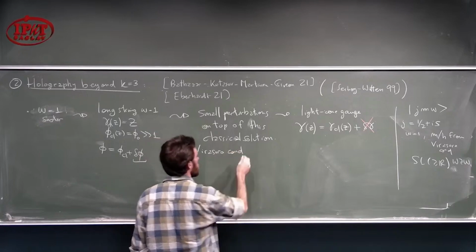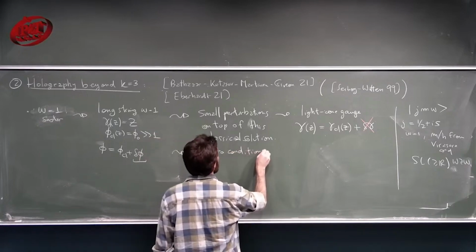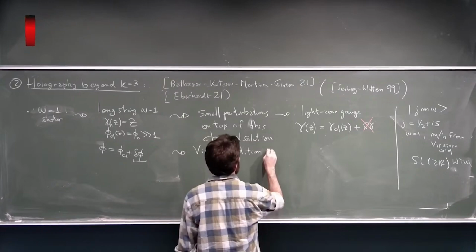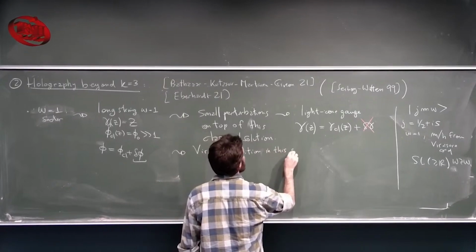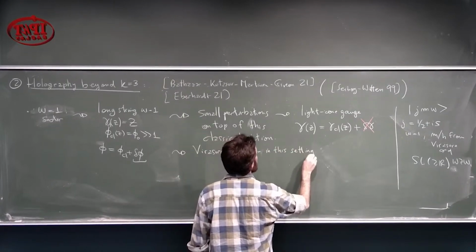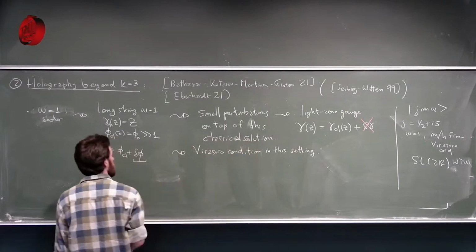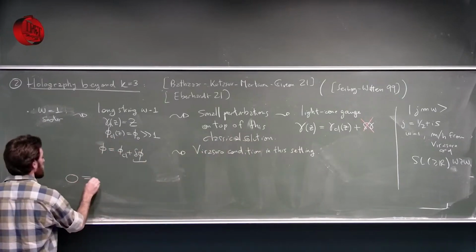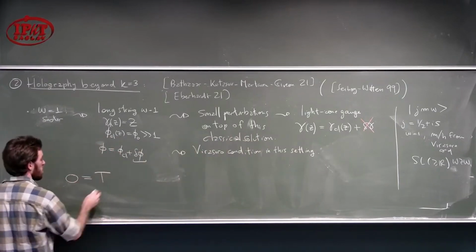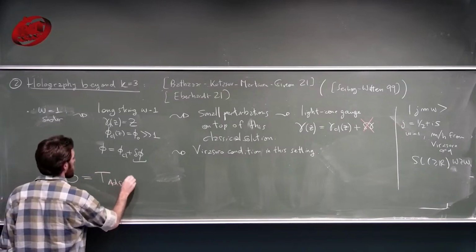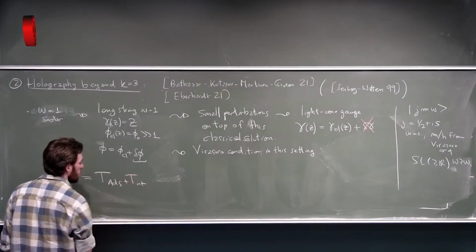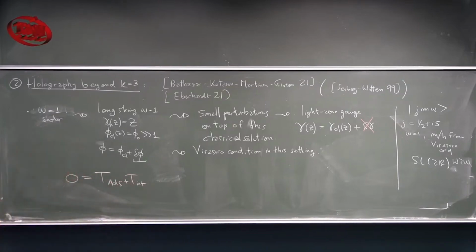How do I write the physical state conditions in this sector? The Virasoro condition, you remember, was something like the energy momentum tensor in AdS plus the energy momentum tensor in the internal sector has to be 0.